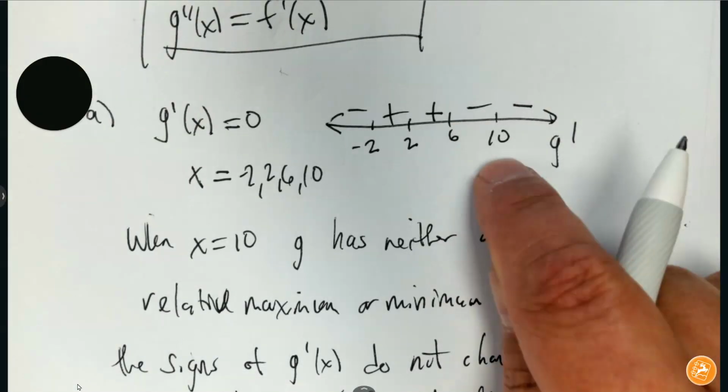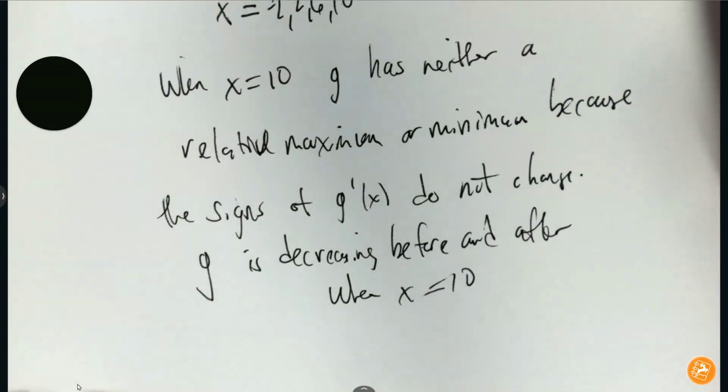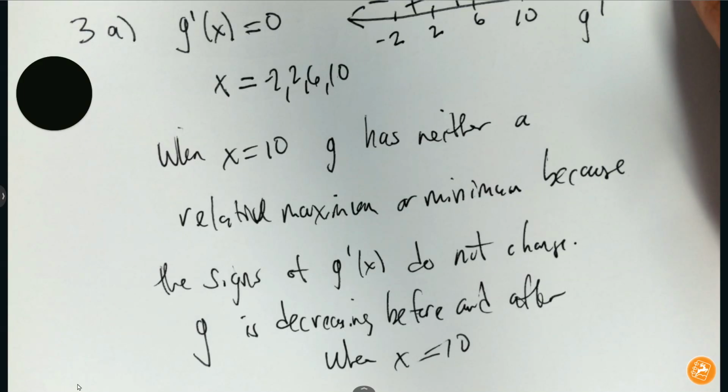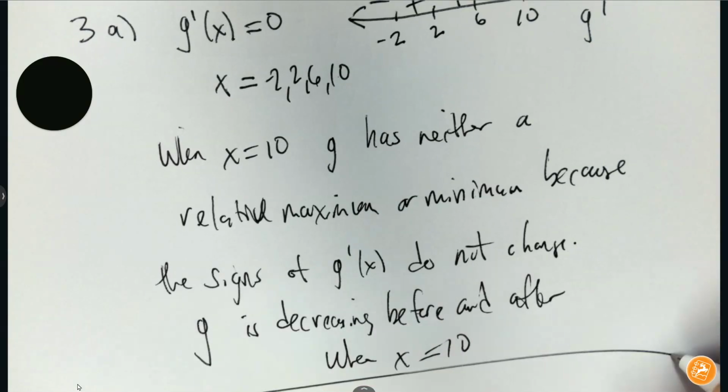And that we understand that g is decreasing before and after 10, and therefore there is no relative max, there is no relative min. So there's part A.